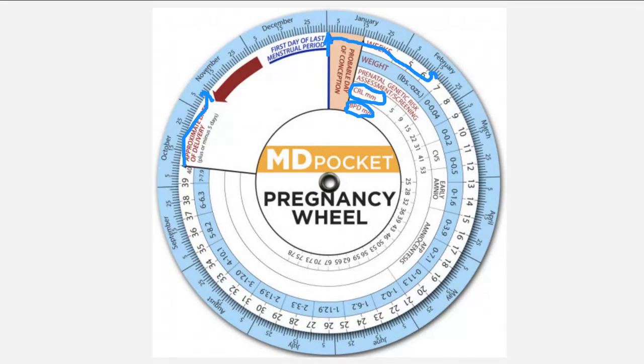The other thing that we could do is, if they were given a due date by their physician, because a lot of people do not know when their last menstrual period was, but their doctor calculates their due date based off of those HCG levels from their quantitative blood test. So what we can do is put that approximate date of delivery arrow, this black arrow right here, on the wheel.